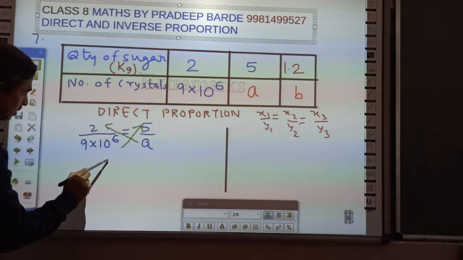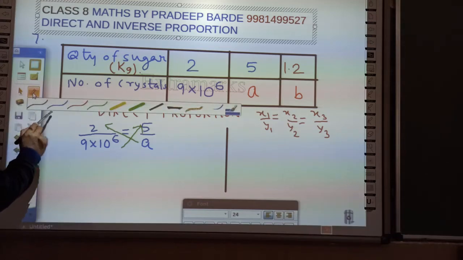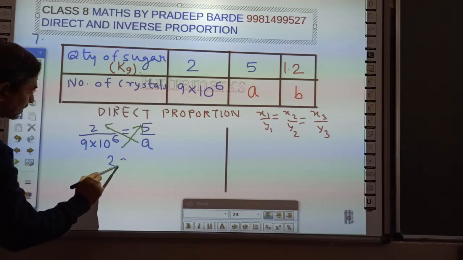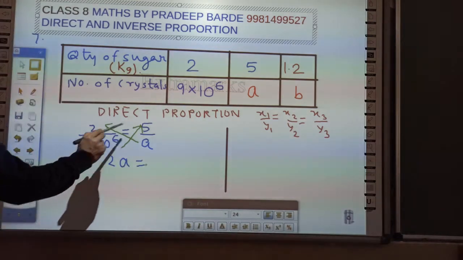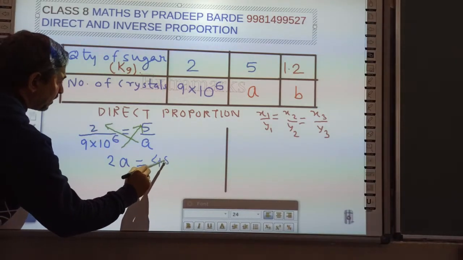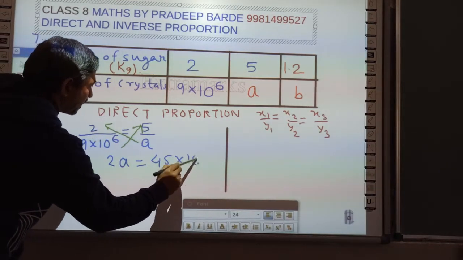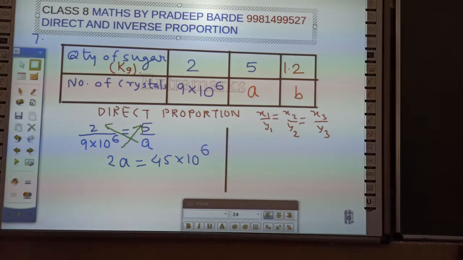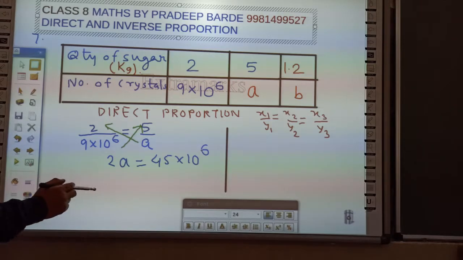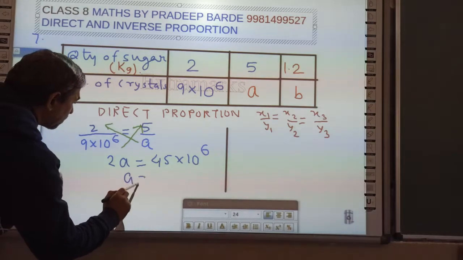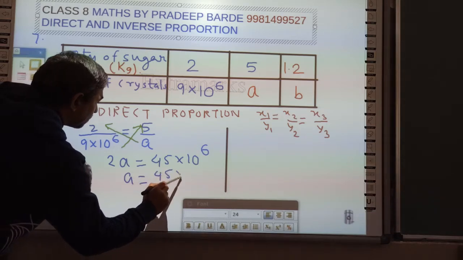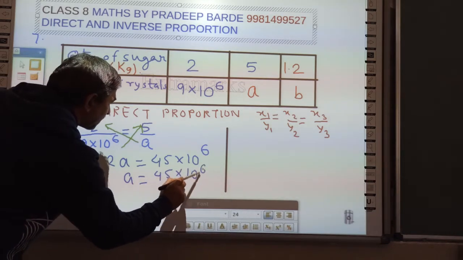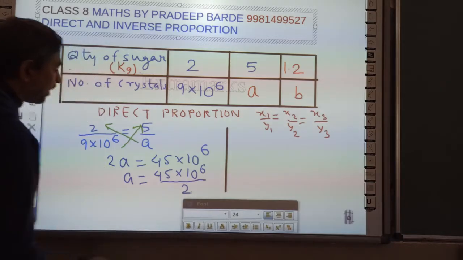So we get 2A is equal to 9 into 5 is 45 into 10 raised to the power 6. Therefore, A is equal to 45 into 10 raised to the power 6 divided by 2.